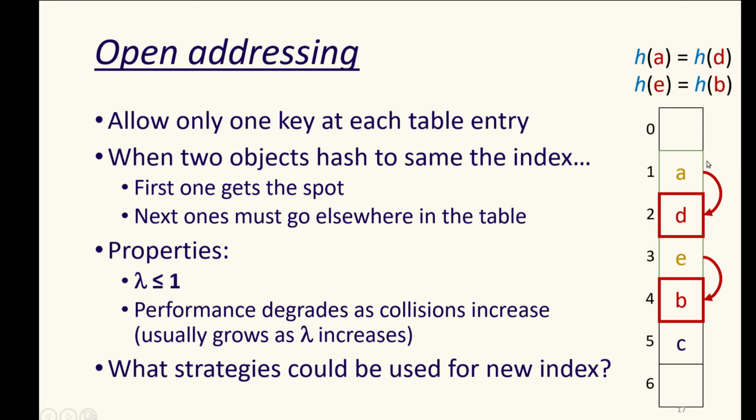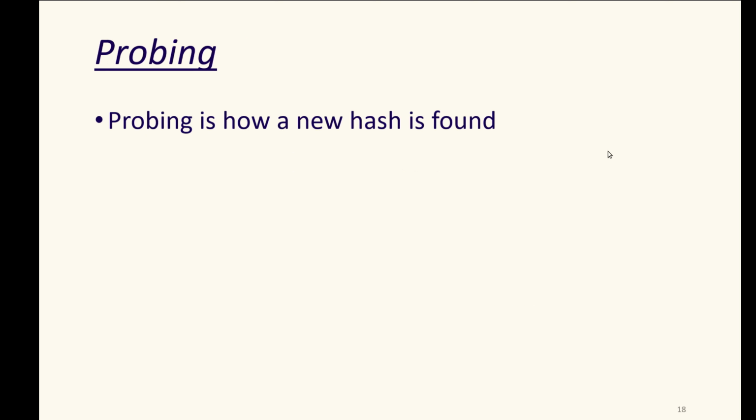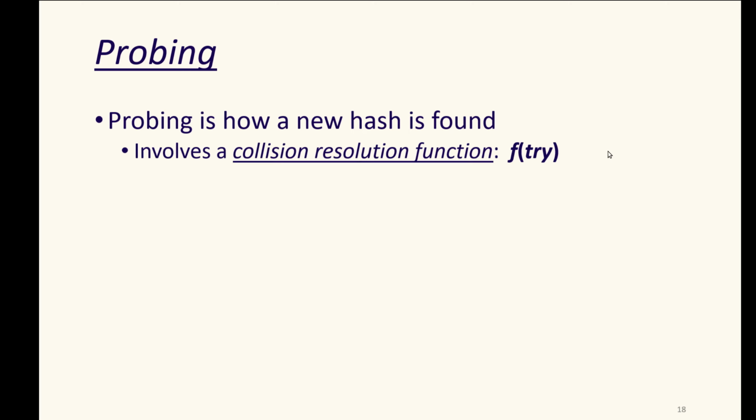What we'll need is probing to solve this problem. Probing is just the word for how we find that next location that something should go to. We have some collision resolution function, and we say that f of 0 gives us 0, and we store the key at the first empty index.